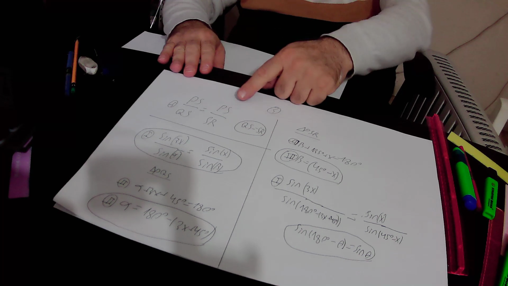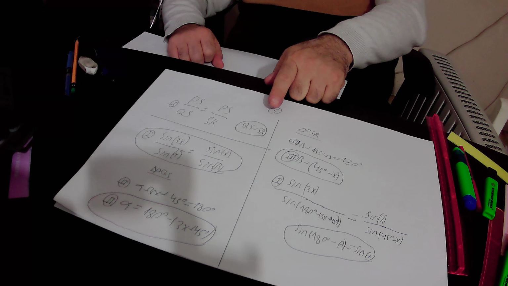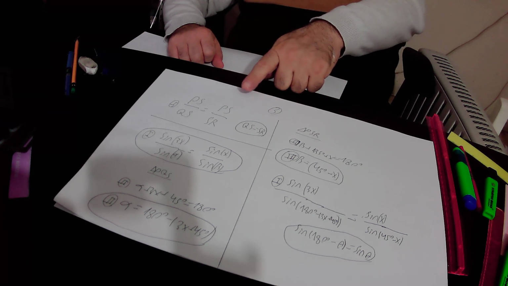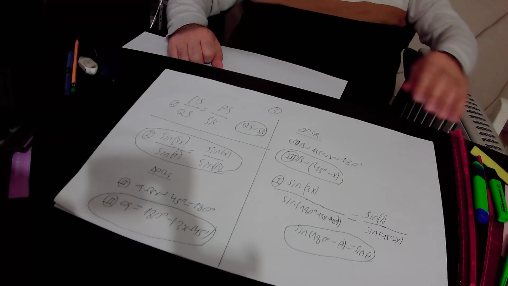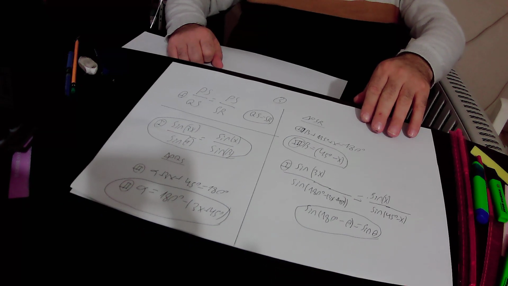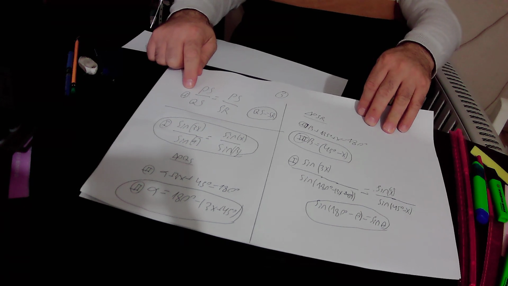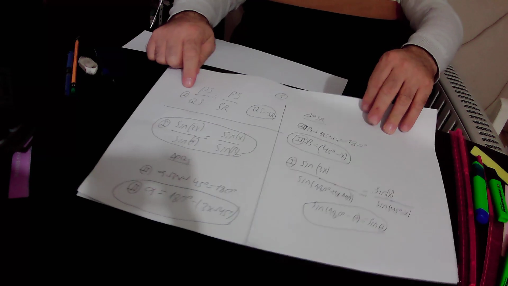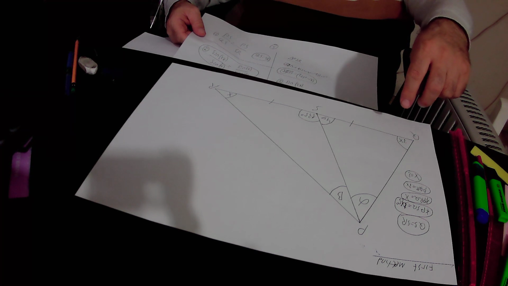Why? Because QS equals SR, it is true to say that PS over QS equals PS over SR. And according to the rule that I mentioned, PS over QS, that is the ratio between the side lengths of triangle PQS, is equal to the ratio between the opposite angles.